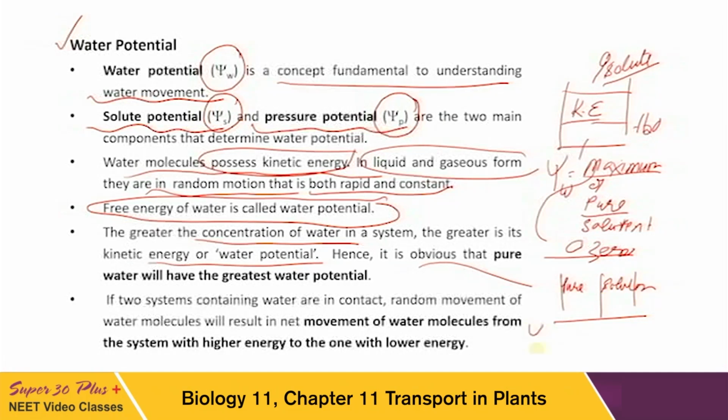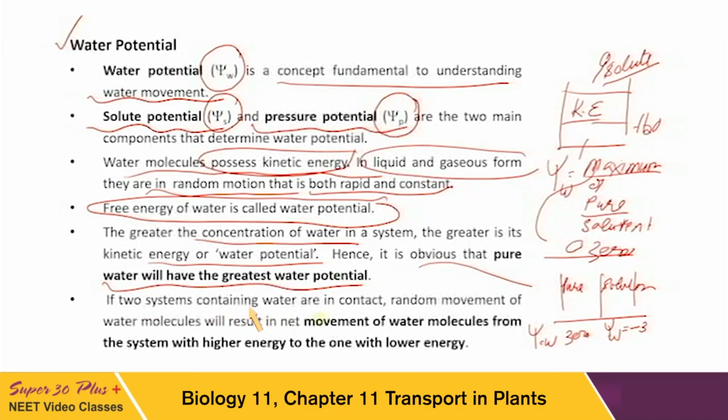Here the water potential of 2 will be 0, and the water potential of 1 will be less than 0, let us say -3. So as and when solute is added, water potential will decrease. Pure water has the highest water potential.